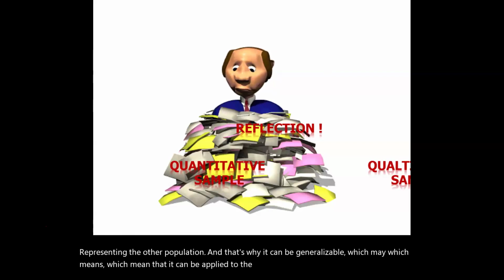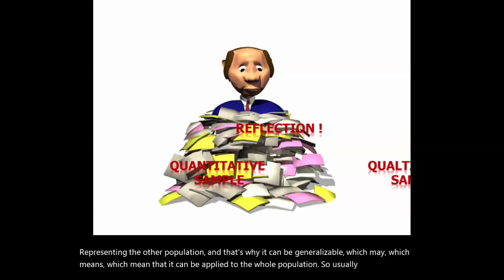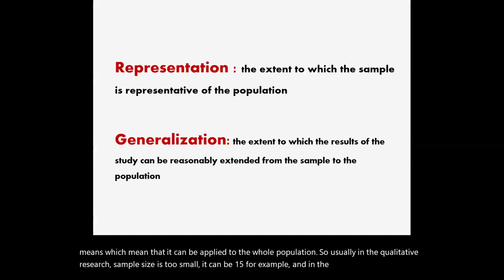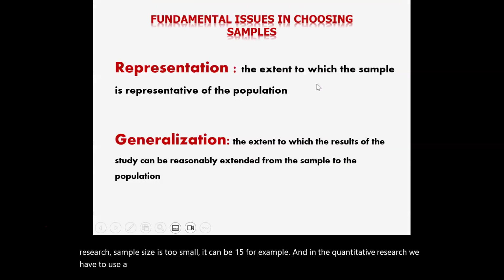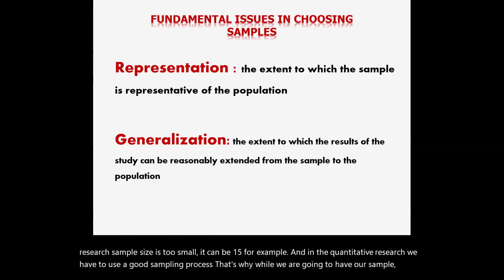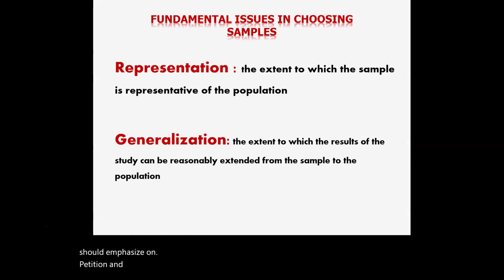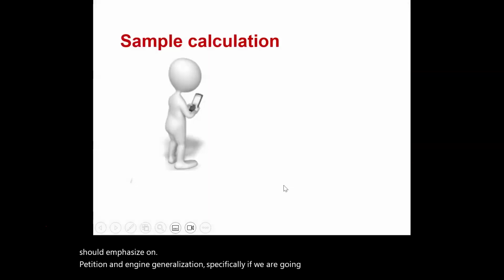So usually in qualitative research, the sample size is small, can be 15, for example. And in quantitative research, we have to use a good sampling process. That's why while we are choosing our sample, we should emphasize representation and generalization, specifically if we are going to do quantitative research.